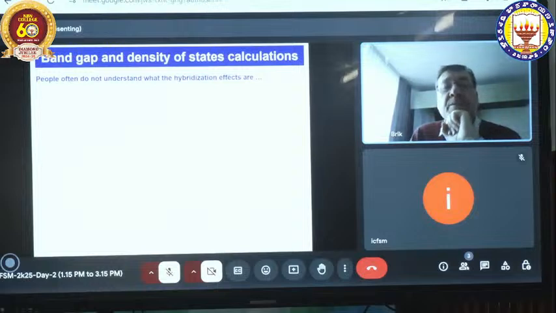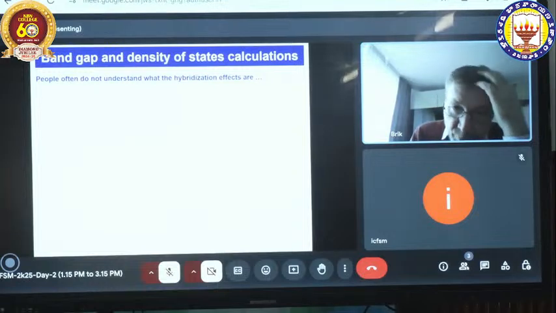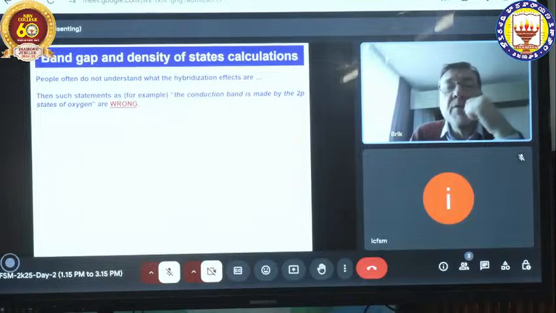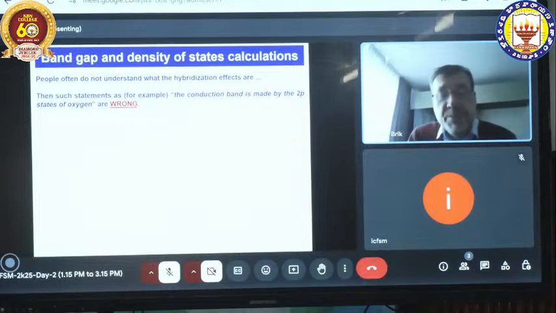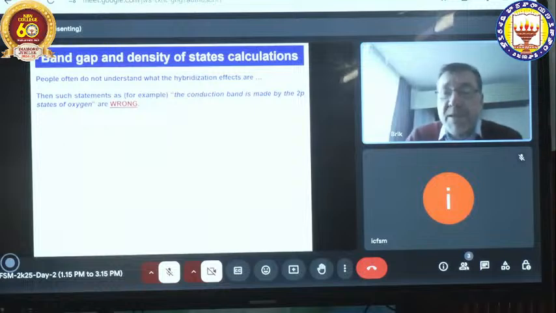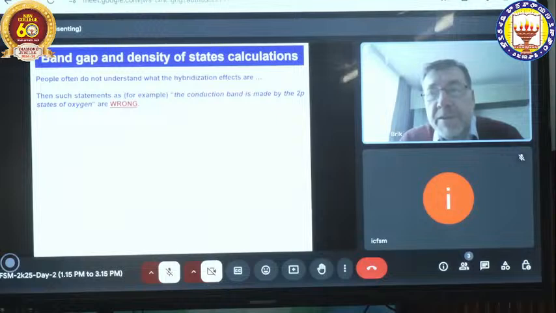Also, people often do not pay attention to the effects of chemical bond formation and hybridization. So often they write that the conduction band, for example, is made by the 2p states of oxygen. This is ultimately wrong. Why? Because 2p states of oxygen correspond to completely filled orbitals and they are in the valence band.